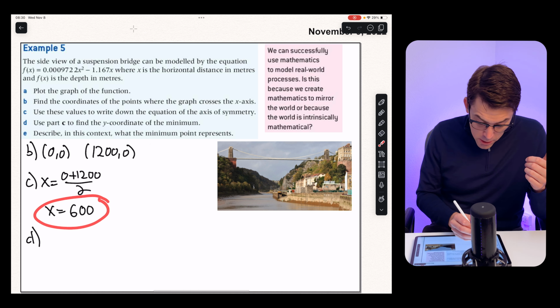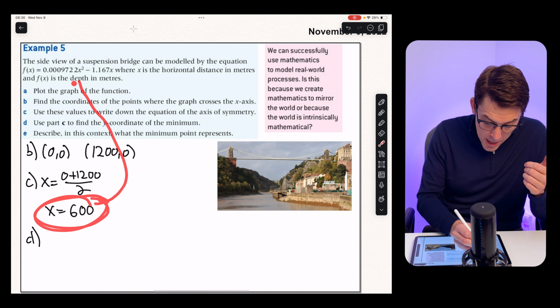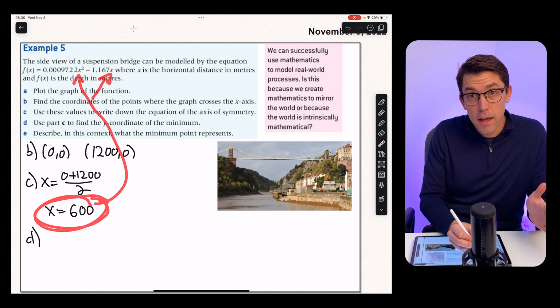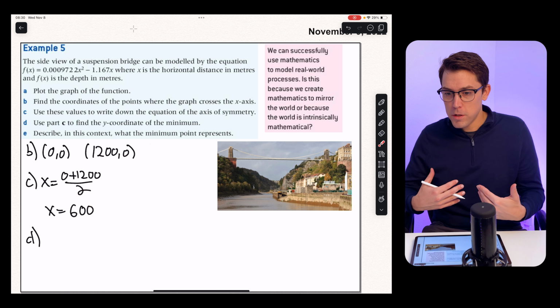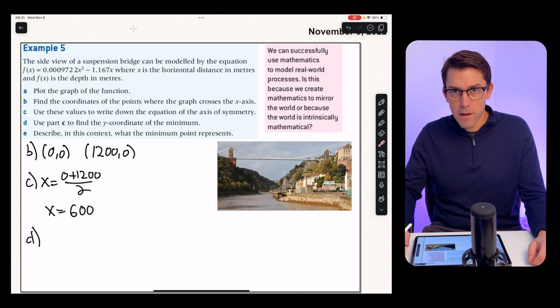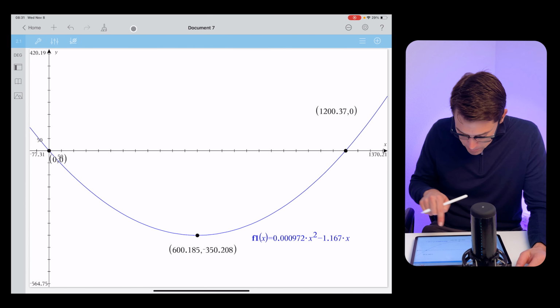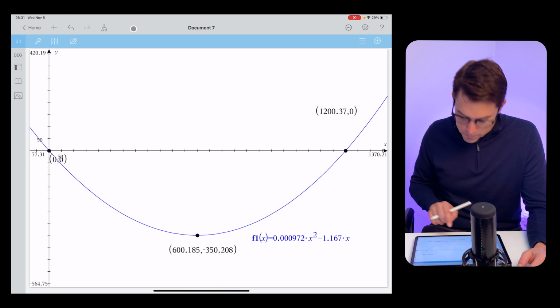If you plug this into your equation, you will of course get out the y-coordinate of the vertex, which in this case, as you can see from the graph, is going to be a minimum value.